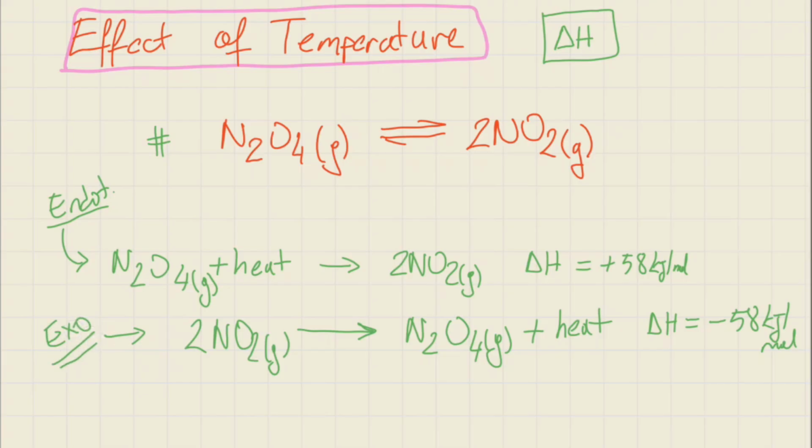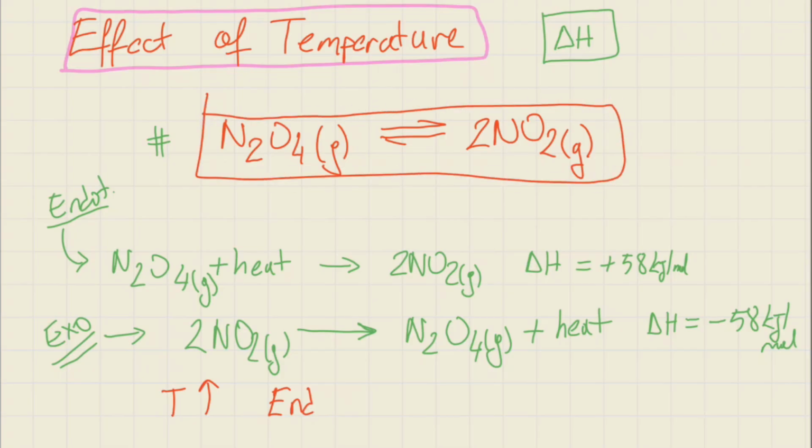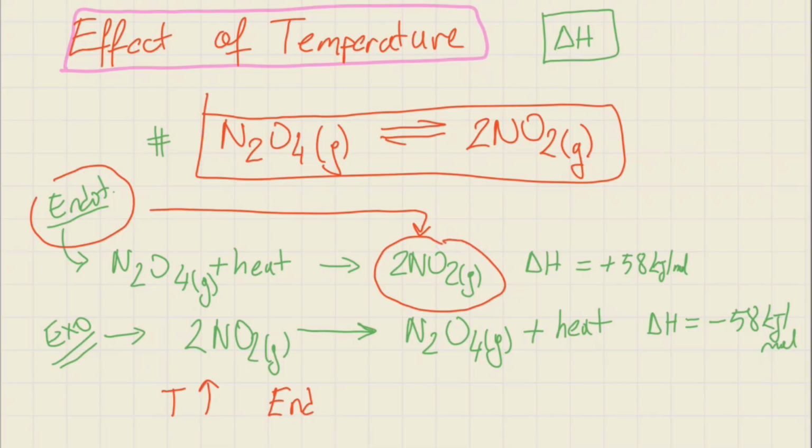If we increase the temperature, the endothermic direction will be favored. So if we increase the temperature, the endothermic reaction will be favored more, and 2NO2 gas will be formed more.